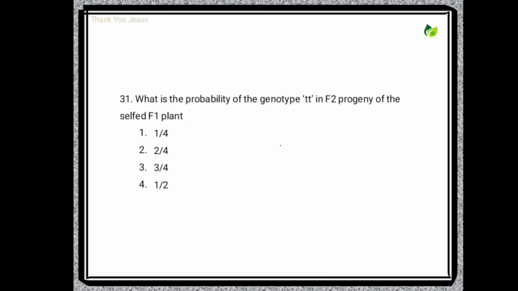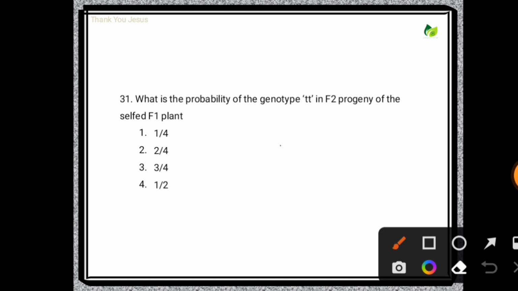What is the probability of genotype small t in the F2 progeny of the selfed F1 plant? The options are 1 by 4, 2 by 4, 3 by 4, 1 by 2. Let's see the answer. In a monohybrid cross, capital T small t is the F1, which is allowed to self. To get the F2 progeny, among the progeny, capital T capital T is obtained in one plant.